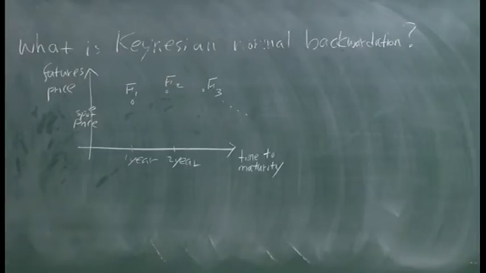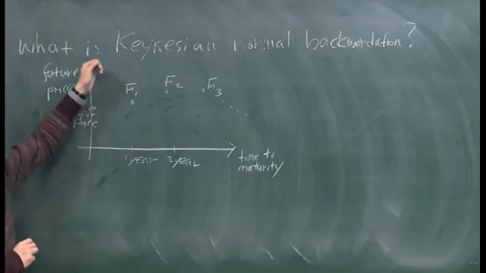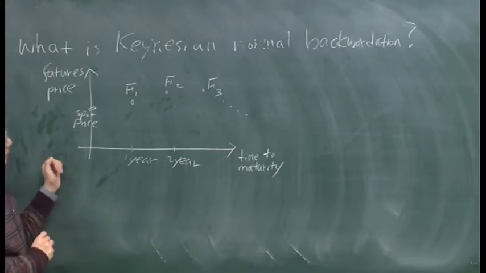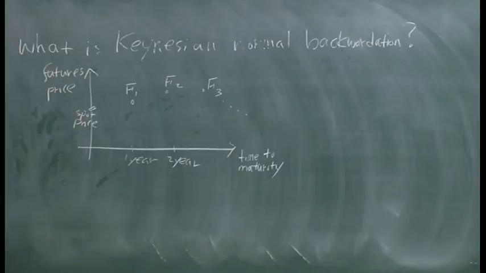One answer was proposed by John Keynes, the famous economist, and he proposed that a particular pattern is expected in a situation like this.